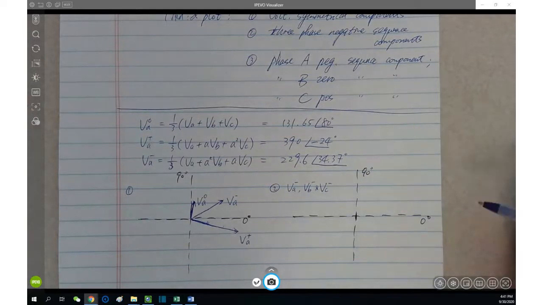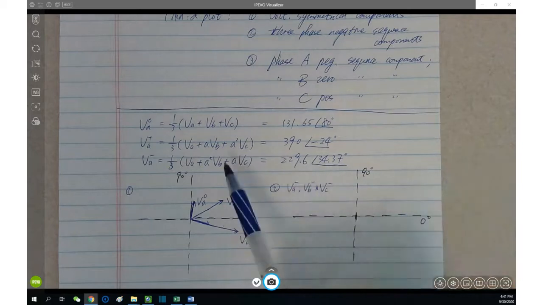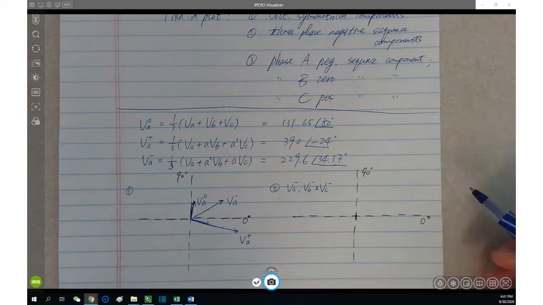So let's see. VA minus, VB minus, and VC minus. First of all, VA minus is not given, but it's already obtained. We already have it. And also notice this is the same sequence, so balanced. This is negative sequence, balanced, so same magnitude.